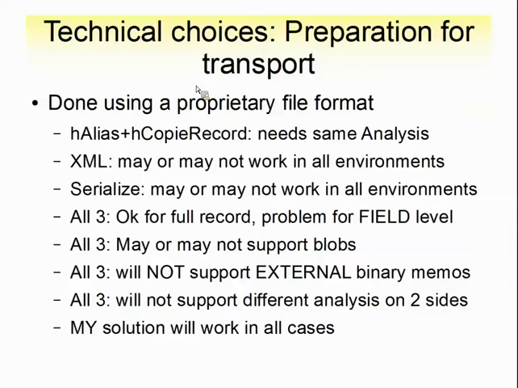At that point, when you want to replicate, you take the whole customer alias file, you send it up, and you do the same thing in the other direction. It is possible. I did that at some point for an application, but it needs the same analysis exactly on both sides. My system does not. You can have different analysis on both sides of the replication if you want. It's possible.